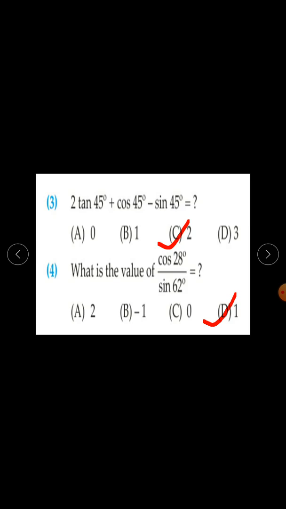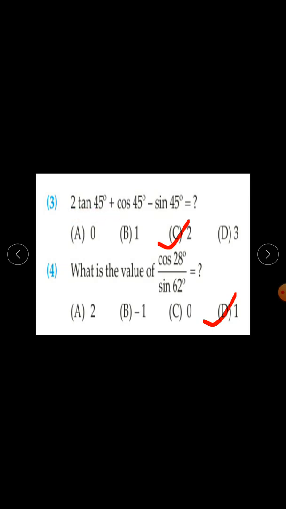Third sub question. 2 tan 45 degree plus cos 45 degree minus sin 45 degree equal to dash. So find out the value of 2 tan 45 degree plus cos 45 degree minus sin 45 degree. First option is 0, second option is 1, third option is 2, and fourth option is 3.